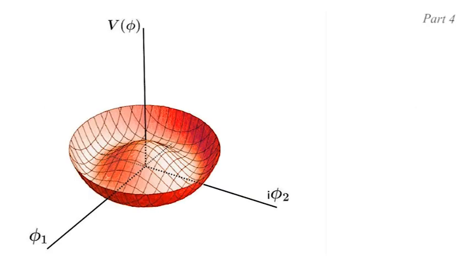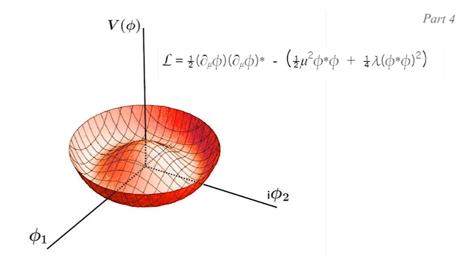So, that's the descriptive explanation of what might be going on with this Mexican hat potential. It should be obvious that the mathematics should predict all this. It should be able to predict the creation of this Goldstone boson. We should be able to see it in the maths.